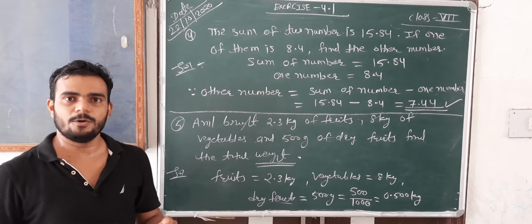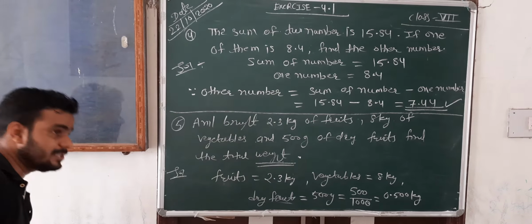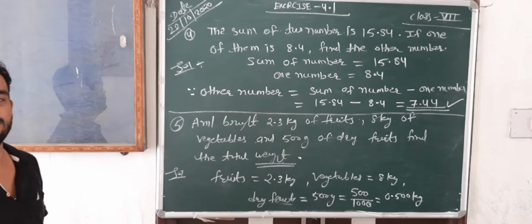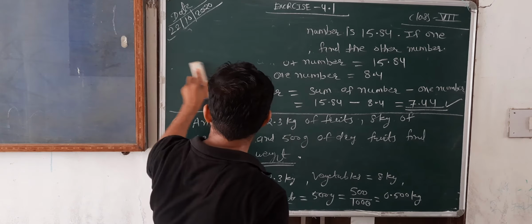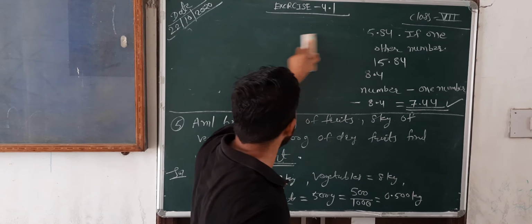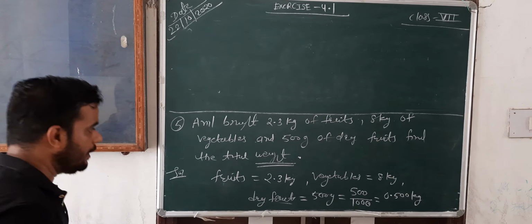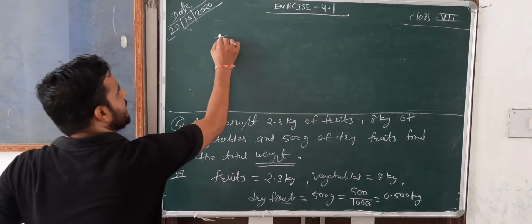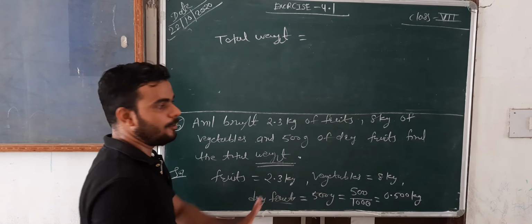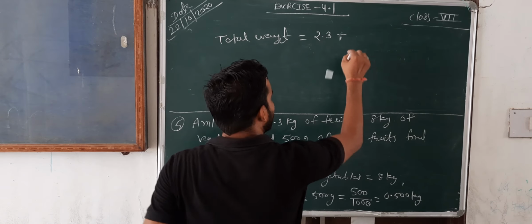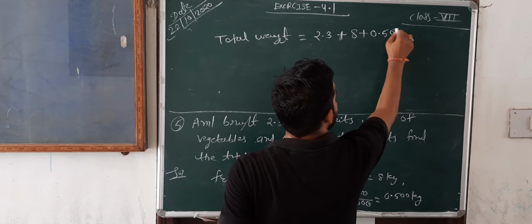Okay. So now you have to find the total quantity. Take the screenshot. Afterwards I will rub this first one. First take the screenshot. Okay. Now just see, total quantity. You have to find the total weight. We have to add all of this: 2.3 plus 8 plus 0.500.